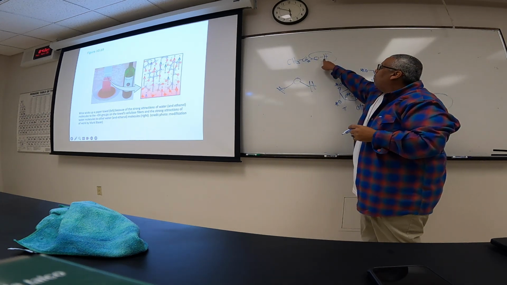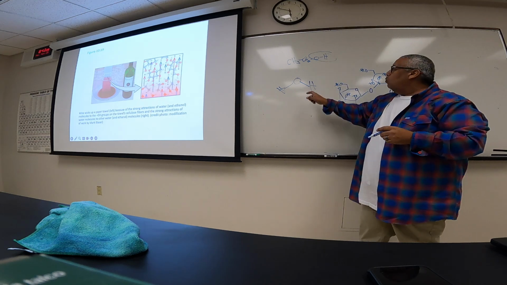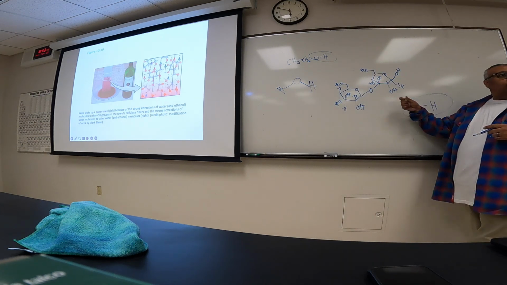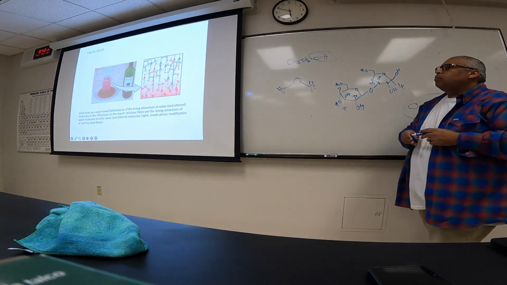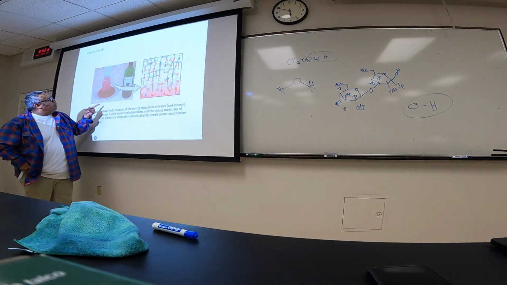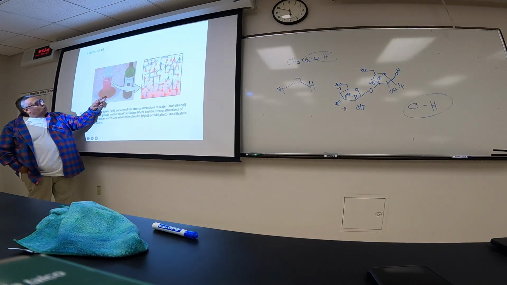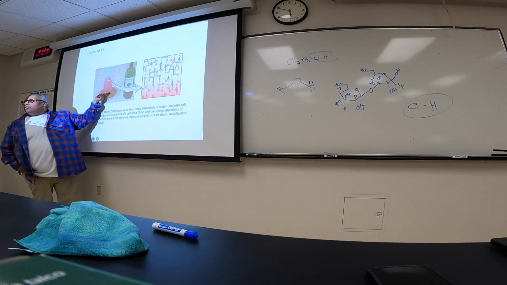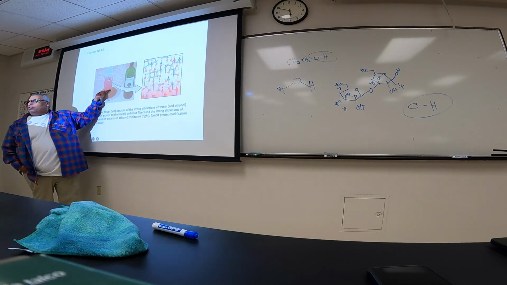So ethanol, hydrogen bonding, water, hydrogen bonding, cellulose, hydrogen bonding. What happens here is we get this dry paper towel, and the ethanol and water that are in wine are attracted to those cellulose fibers, so they can creep up there.